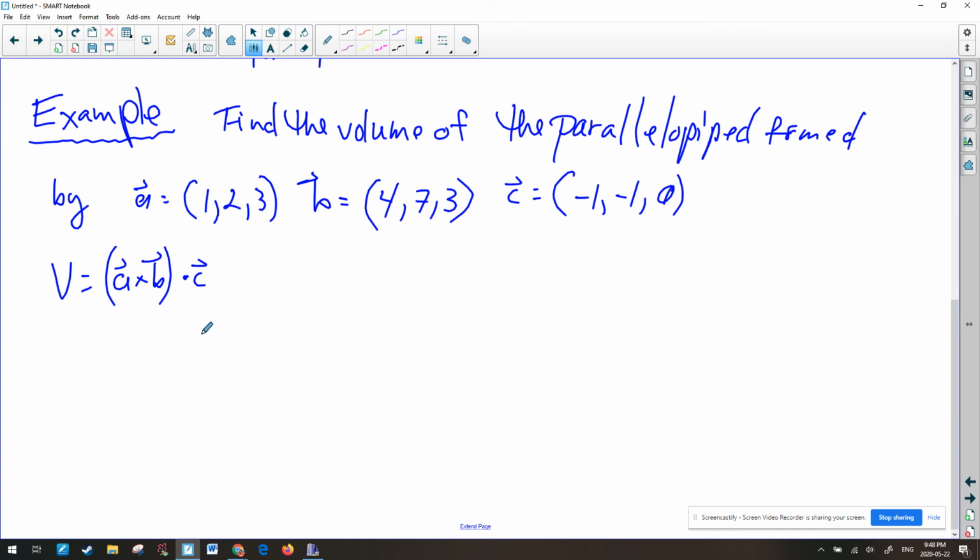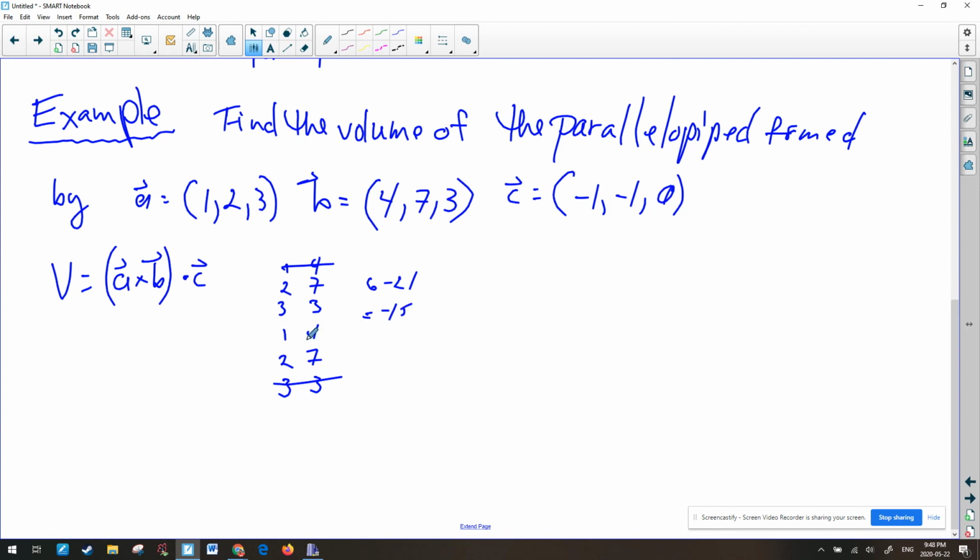There's lots of different names this goes by. So I'm going to do A crossed with B. Okay, so 1, 2, 3, 4, 7, 3. So we're going to have 6 minus 21, which I think is -15.